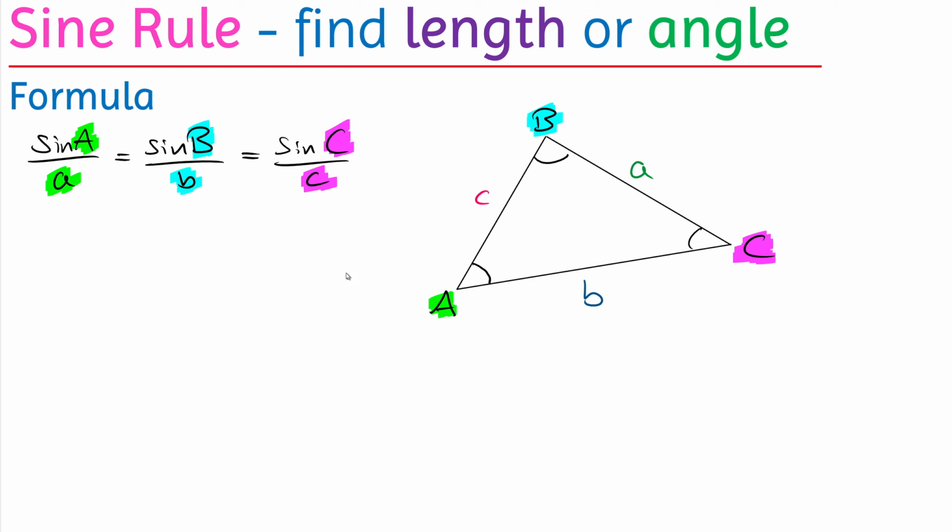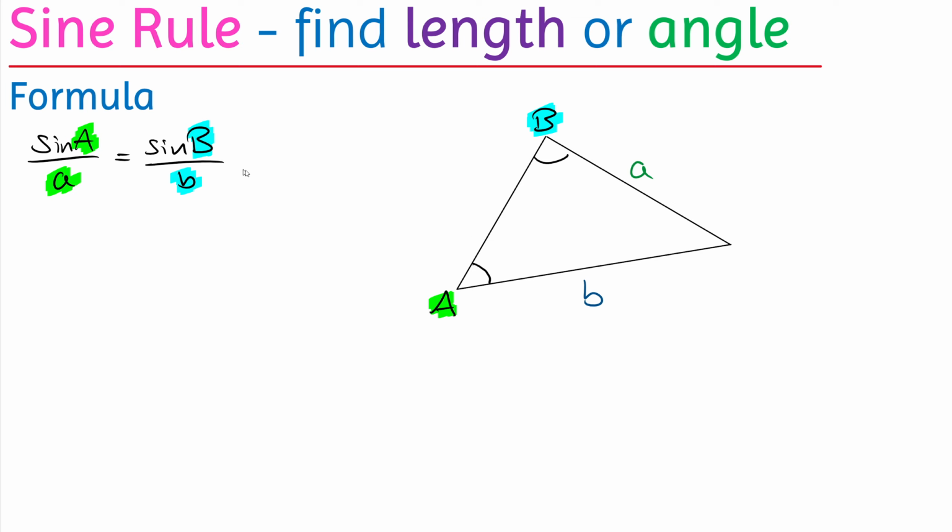Now, here's the thing. I think this sine C over c is deeply unhelpful. Certainly, you don't need it, because you're never going to substitute all three things. You're going to deal with two pairs of opposite sides and angles at a time. So let's just simplify.